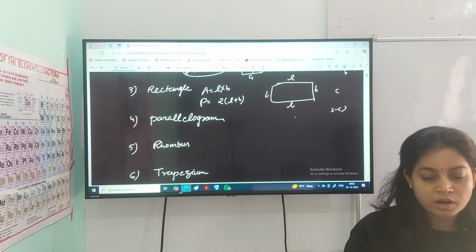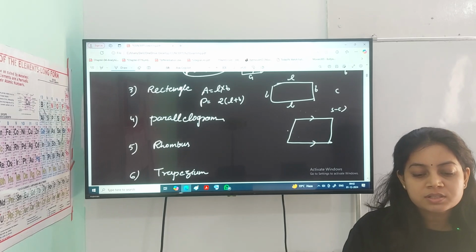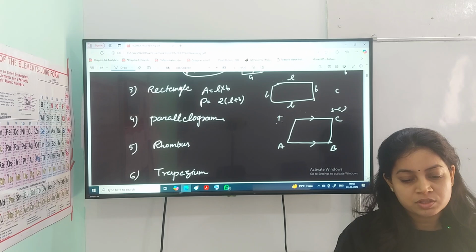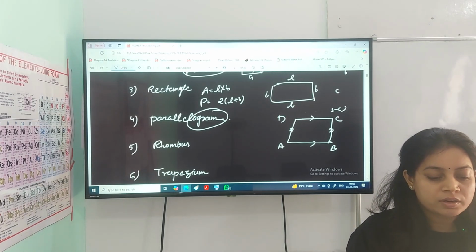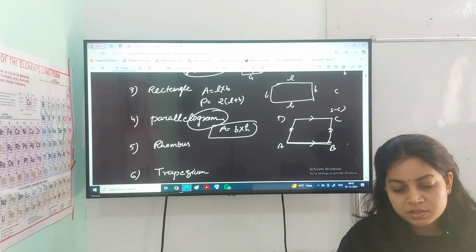And what about the parallelogram? In a parallelogram, opposite sides are parallel and equal, right? If this is a parallelogram A, B, C, D, in this opposite sides are parallel and equal. You can calculate the area of the parallelogram just by multiplying base into height, right? This is your base and height can be outside.